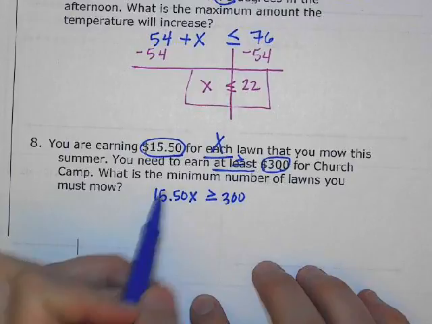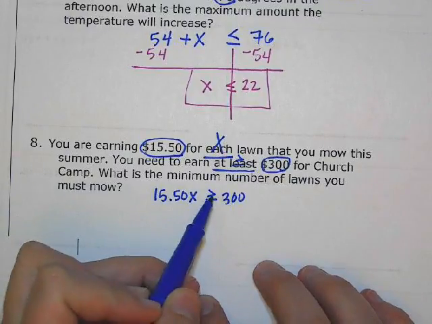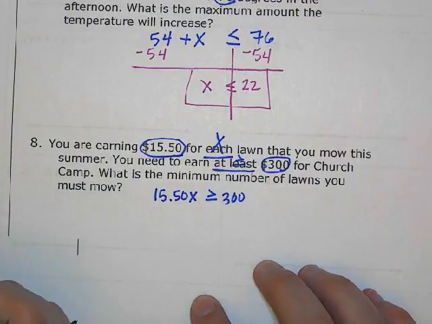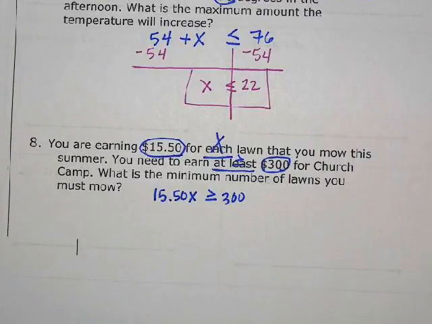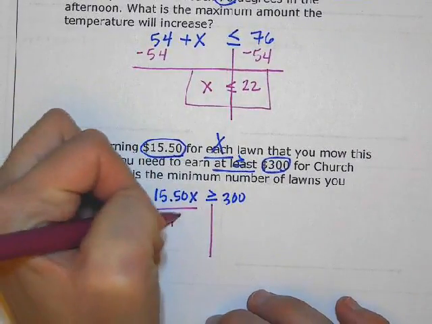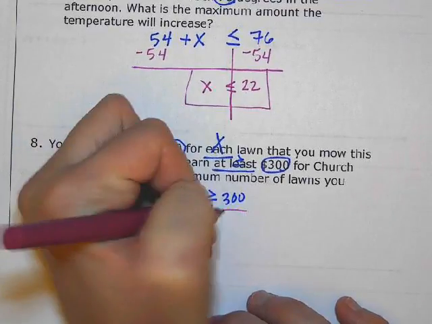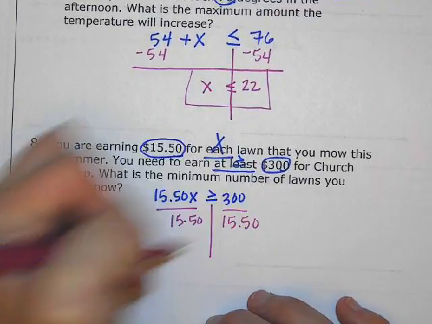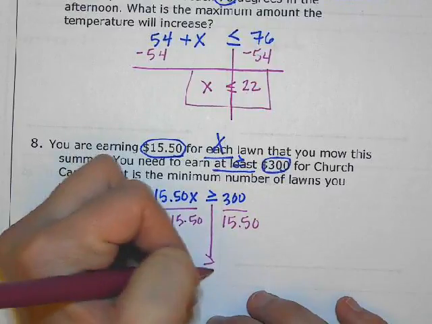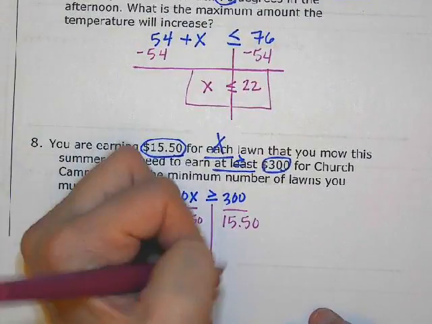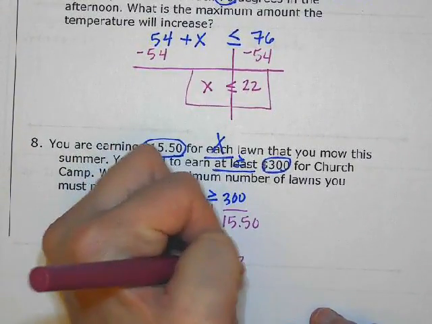So you want this to be greater than $300. When you solve it, I'm going to divide by 15.50 on each side. And what do you get? 19.35.